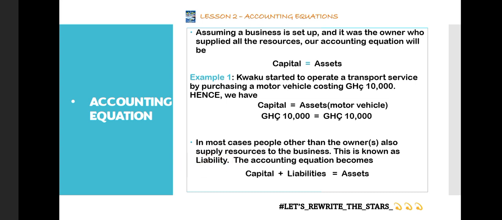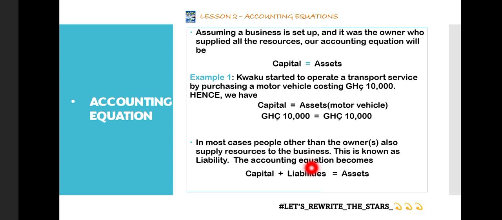So the equation then becomes capital, which is the resources that were provided by the owner, and then liabilities, which is the resources that were provided by the other people the owner went to consult. So when we add the ones the owner brought to the ones that the other people brought, all these things will come together to form the properties of the business.